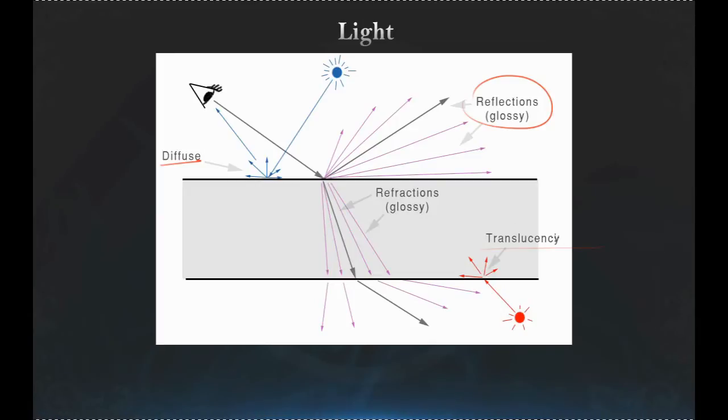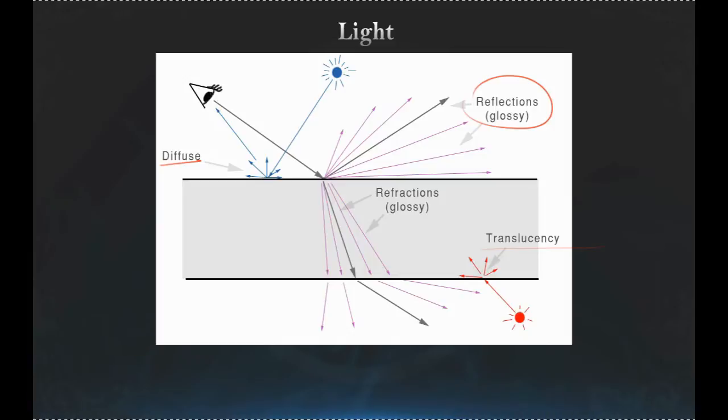Well, translucency is just a sort of refraction coming from the other side. But the main thing that I wanted to touch upon here is that the difference between diffuse and reflection is that reflection is camera or viewing angle dependent, whereas diffuse is basically a static kind of reflection that you perceive no matter what angle you look at an object from.